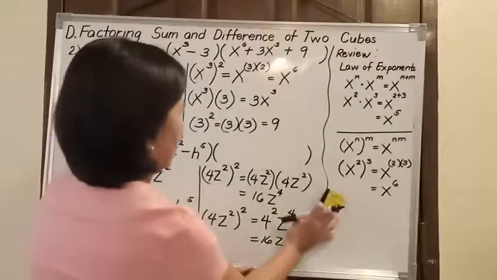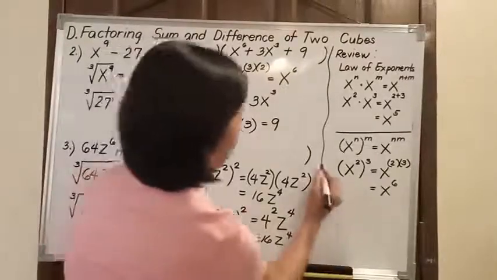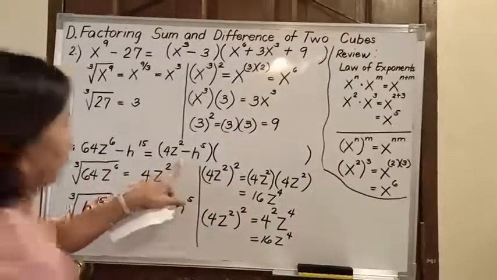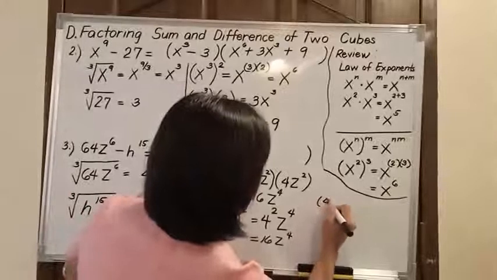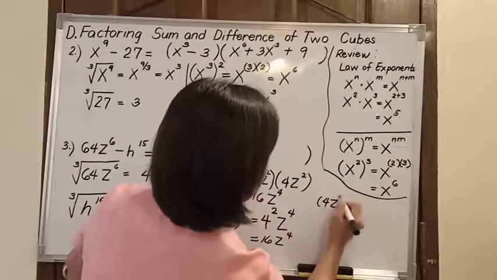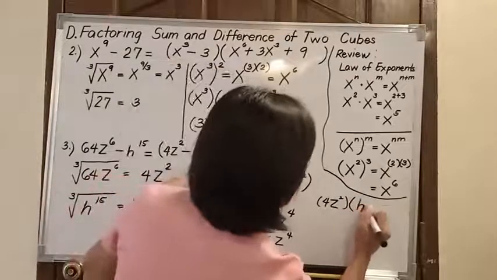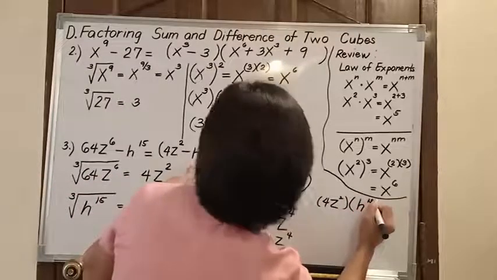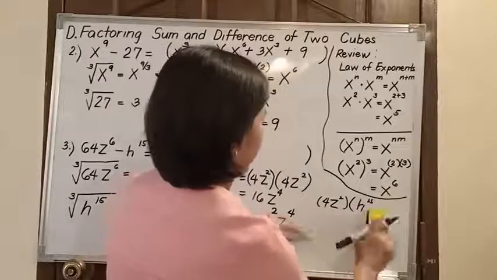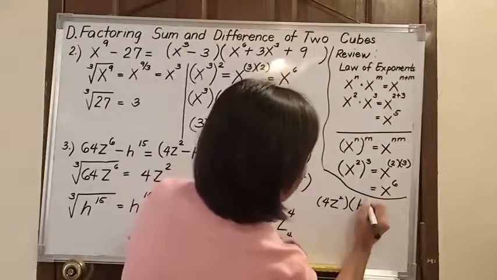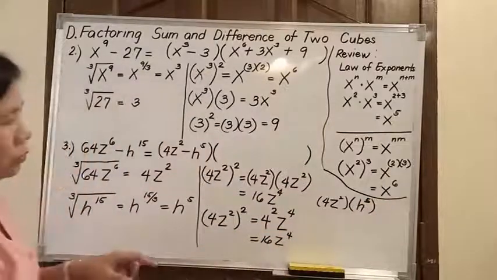Okay, next. Let us multiply the two terms. The two terms are 4z squared and h to the 5th power. What is the product of the two terms?